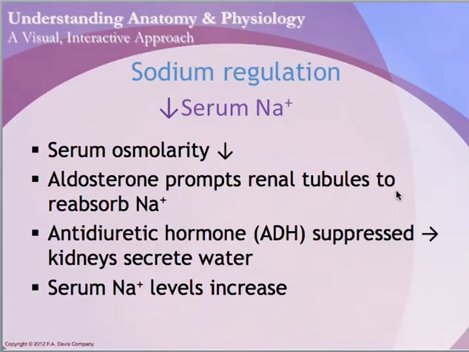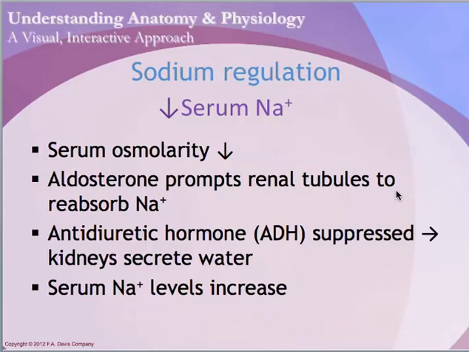So how do we regulate sodium? This is what happens as serum osmolarity drops. Okay, so the serum actually gets more dilute. The aldosterone prompts renal tubules to reabsorb sodium, so we want to add more sodium to increase the osmolarity. Antidiuretic hormone is suppressed, so the kidneys secrete water, and serum sodium levels increase.